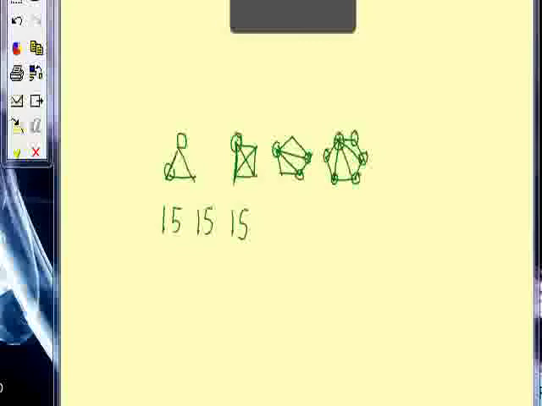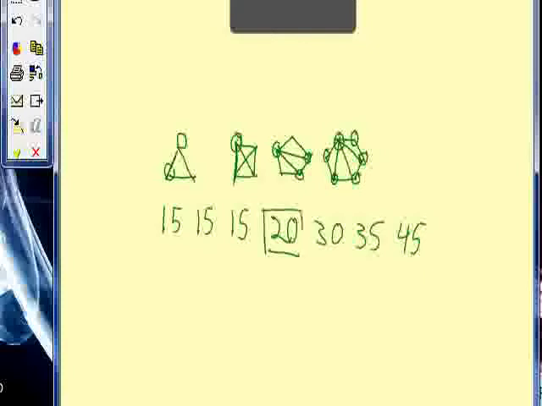So my first number is going to be 15. Second number is 15. Then I have another 15. So I have 3 15s. Up next is a 20. Then after that comes 30, 35, 45. And from that you can easily see that the number in the middle is 20, or the median is 20.